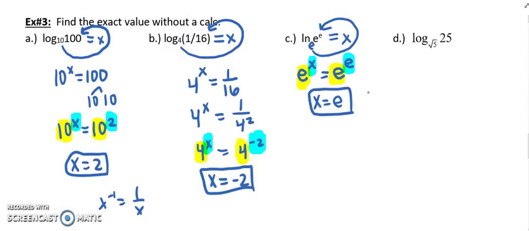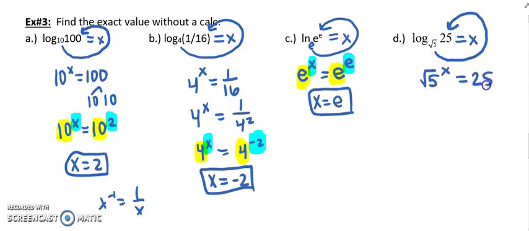On this one, set it equal to x. Root 5 to the x equals 25. This one is a blast from the past. First thing we need to remember is that square root can be written as the 1/2 power. So 5 to the 1/2 x. 25 would be 5 squared.